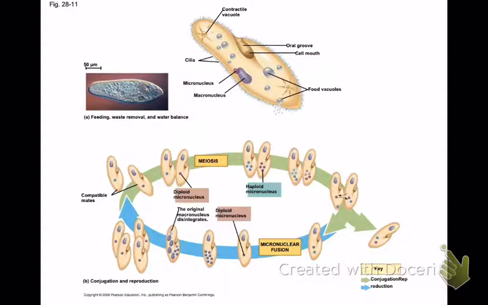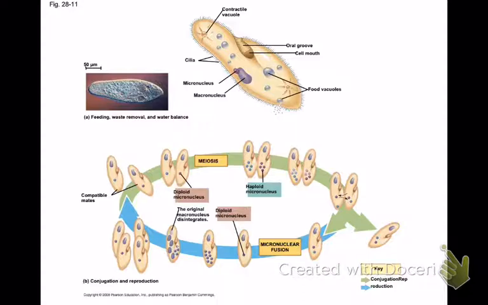Another group in the Chromalveolata are the ciliates, Paramecium and Stentor.